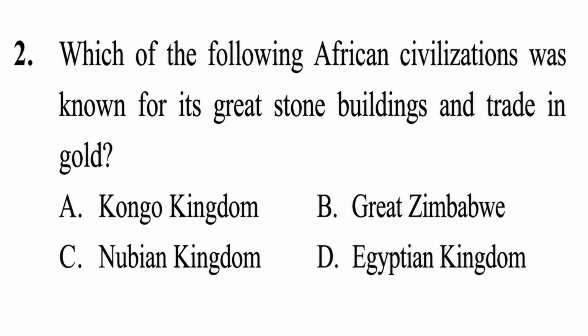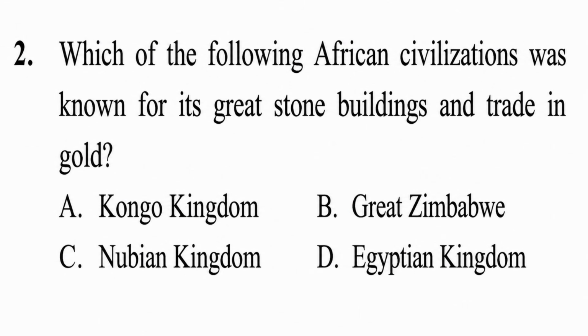And then question number 2, which of the following African civilizations was known for its great stone buildings and trade in gold? So we have the 4 options there. The African civilization that was known for stone buildings and trade in gold was Great Zimbabwe, because it was famous for its large stone structures and also gold trade.